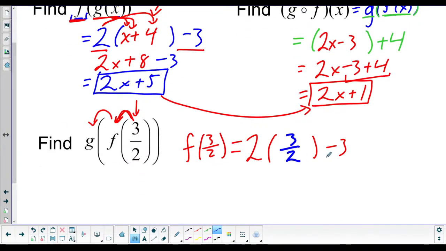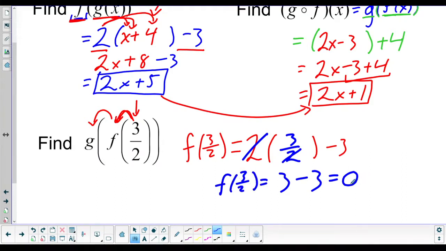Now we need to simplify this. 2 times 3 over 2. The times 2 cancels this divide by 2, and we get just 3. Then we bring down our minus 3, because we haven't done that yet. And 3 minus 3 is 0. So f of 3 halves equals 0.